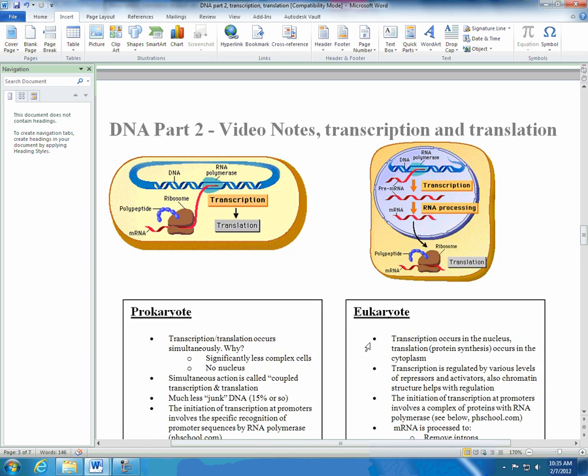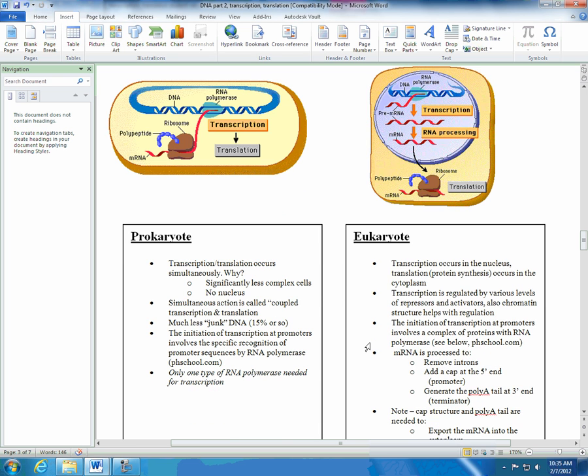Here is the difference, though, between prokaryotic and eukaryotic transcription and translation. Let's focus on the prokaryote first. What happens here is, one thing that is of importance, just to highlight again, is that the DNA in a prokaryote is circular in nature.